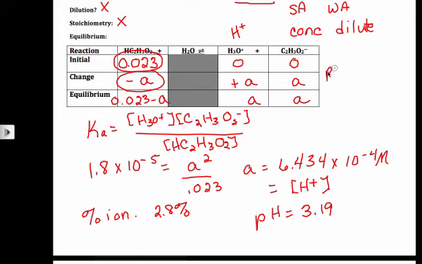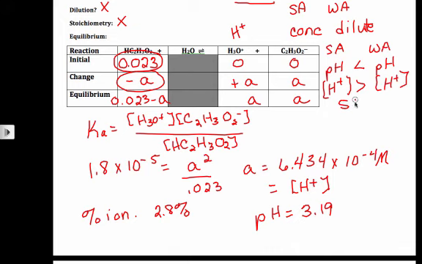So it would be expected that the pH of your strong acid would be less than the pH of your weak acid because our H plus concentration is greater for the weak and the strong. But that's only because they were the same initial molarity.